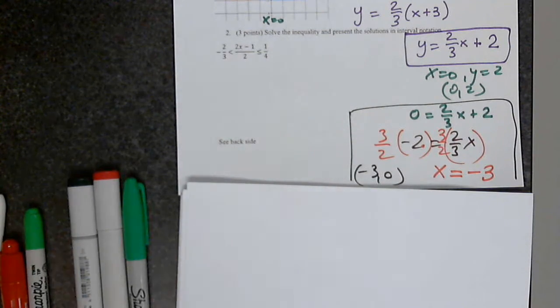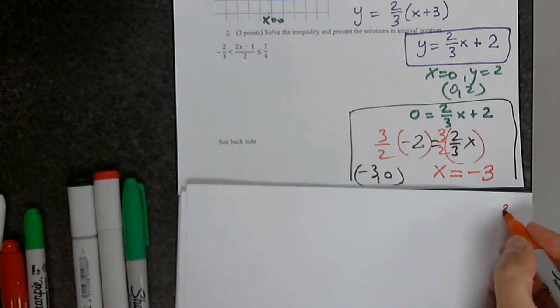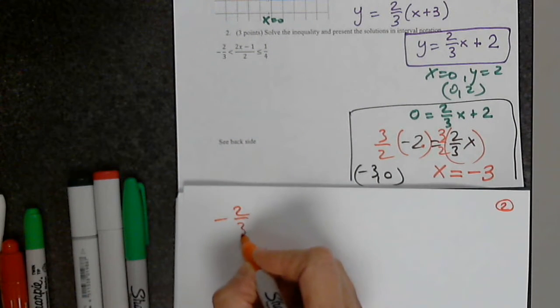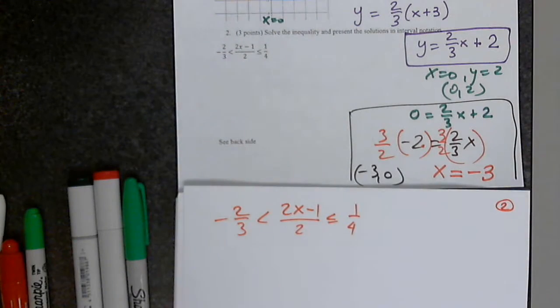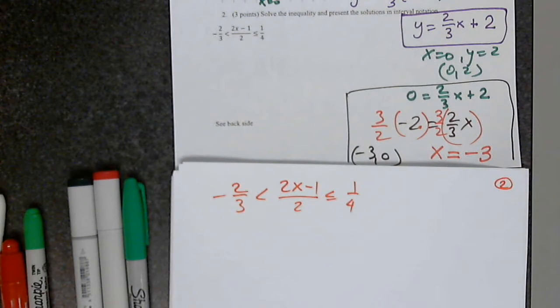Sure. So next is negative 2/3 less than 2x minus 1 over 2 less than or equal to 1/4. Okay, what do I do next? I just copied it. I didn't do anything really. So what am I doing here? That will not work.